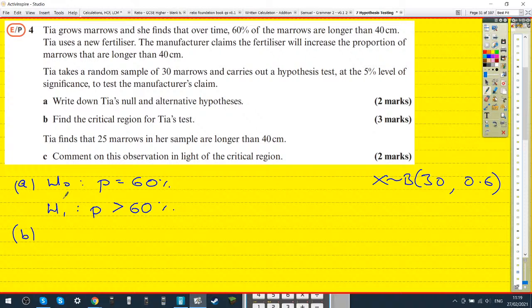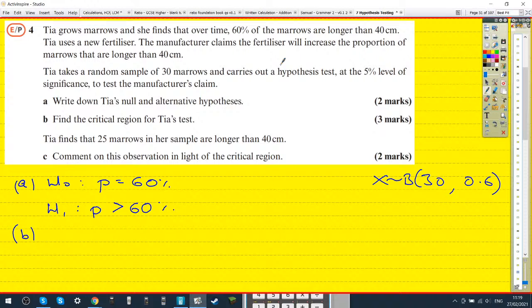So either the lower is 0 or the upper is 30. And so we want to see if the number of marrows that are longer than 40 centimeters has increased. Yeah. And so what end are we looking at?